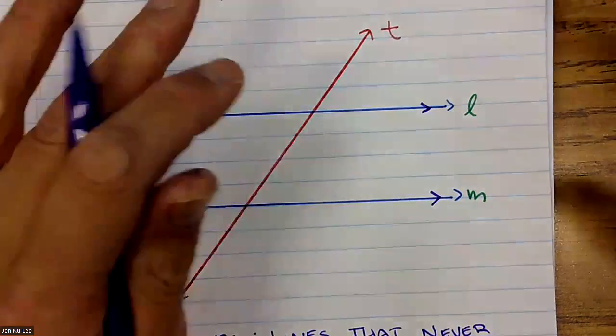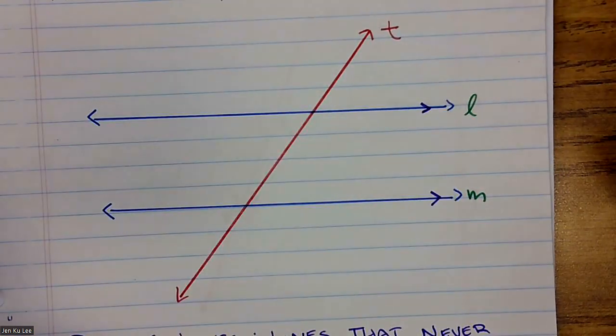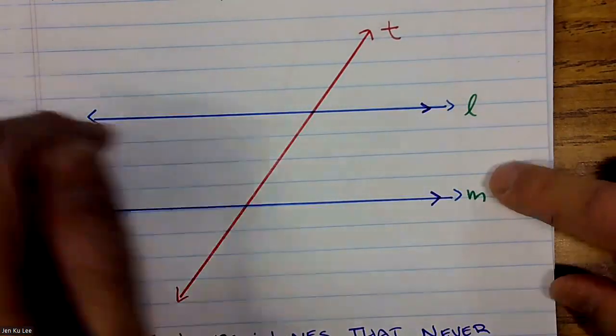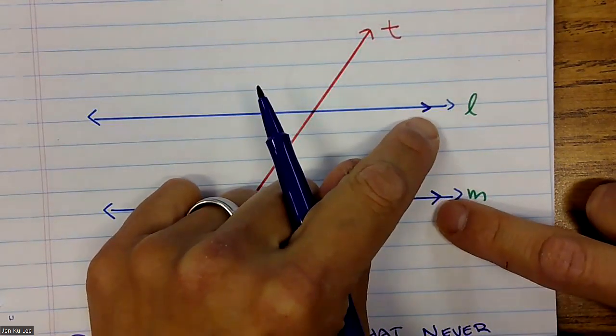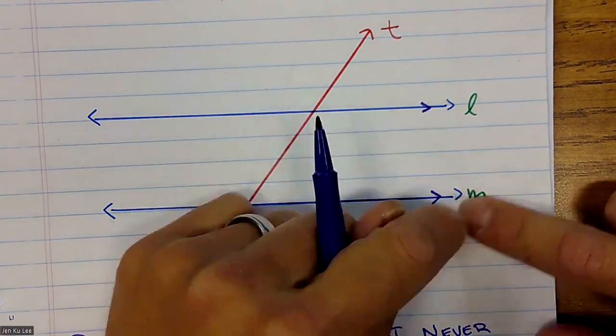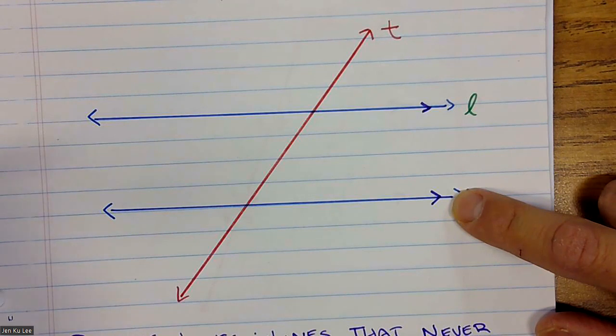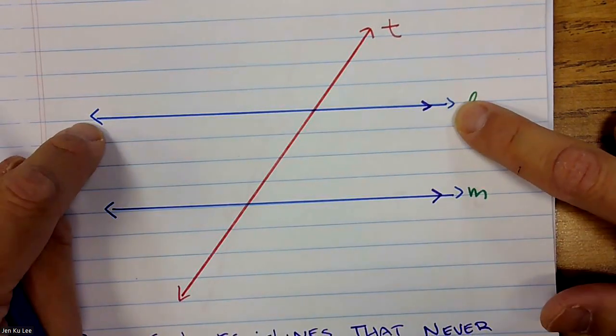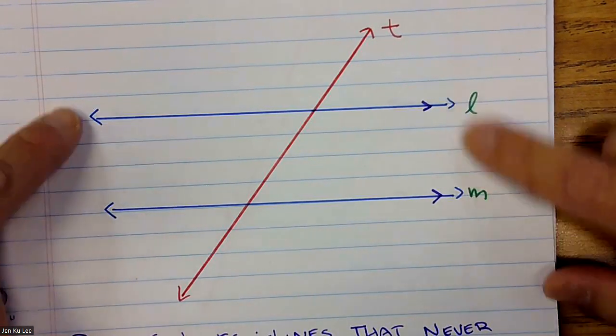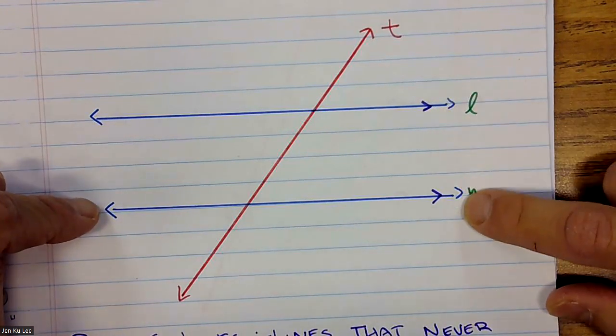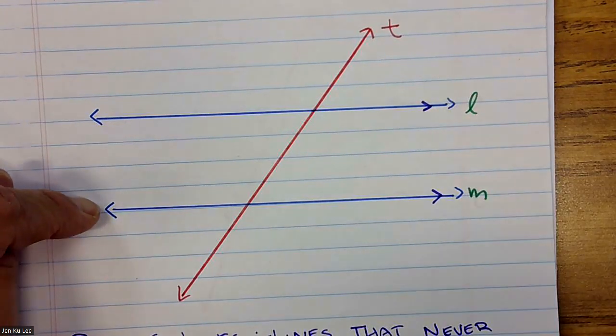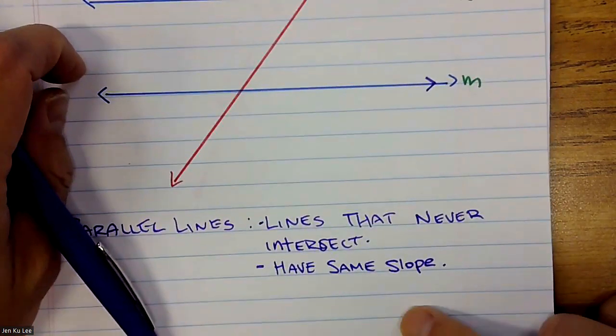That's the only way you know when you see a picture that they are parallel. They must have these little arrow marks, okay? Not these arrow marks signifying that they are aligned, the blue ones, but these purple ones. All right, and they have the same slope.